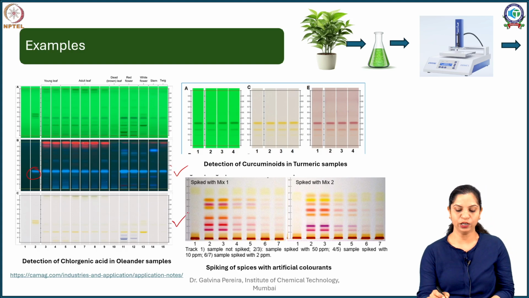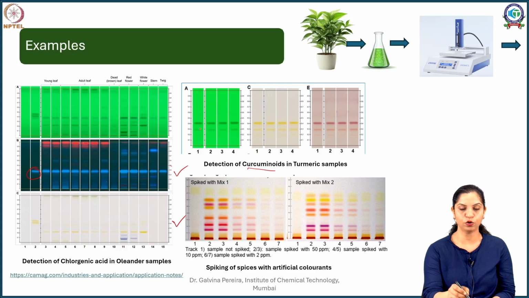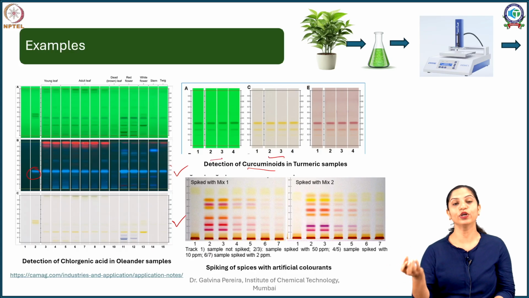Similarly, I can detect curcuminoids if I have standard curcuminoids with me, and then I can apply different turmeric samples. I can see them under UV 254, I can see them under visible, that is normal light, or I can derivatize them. You know your haldi, that is turmeric, when you add any alkali, becomes red in color.